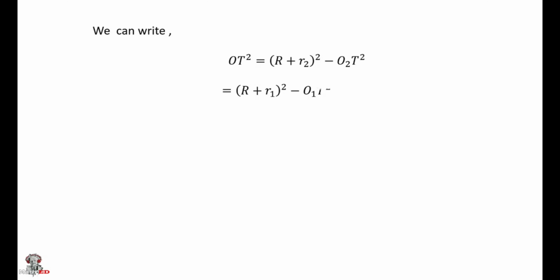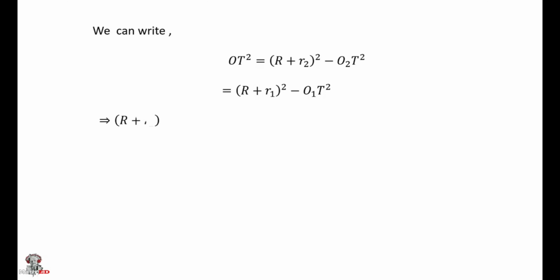Now using these two equations, we can write that OT square equals R plus R2 square minus O2T square, which is again equal to R plus R1 square minus O1T square.